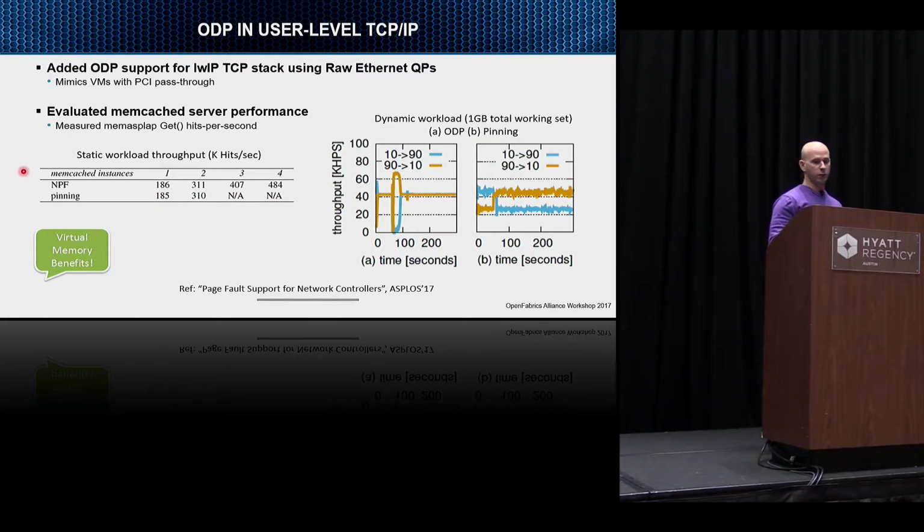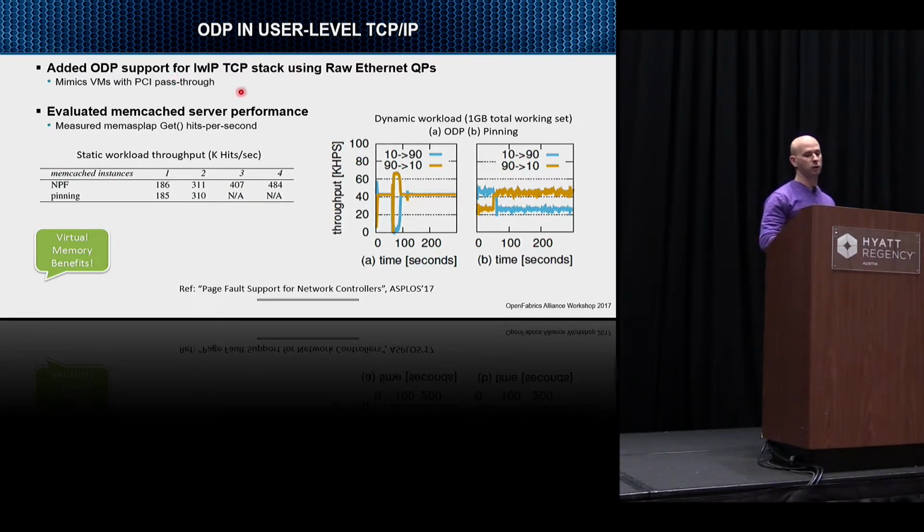The final evaluation that we did was to implement a TCP stack over lightweight IP and feed that stack with packets using raw Ethernet QPs. So essentially, we're mimicking a virtual machine that doesn't have its whole memory pinned, which is what all hypervisors practically do today.